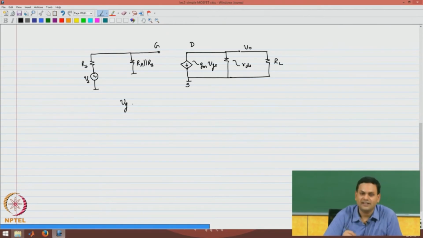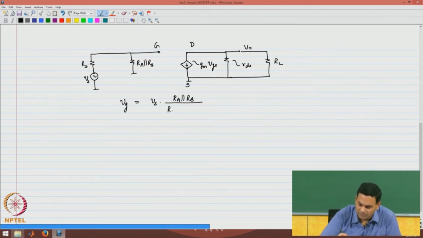So, systematically the small signal gate voltage is nothing but the input voltage Vs modified by the resistive divider formed by Rs, RA and RB.